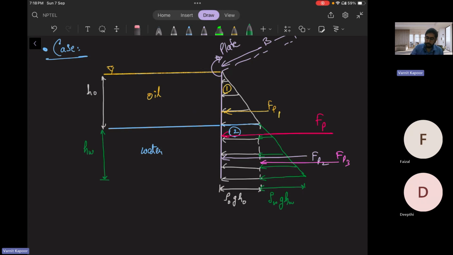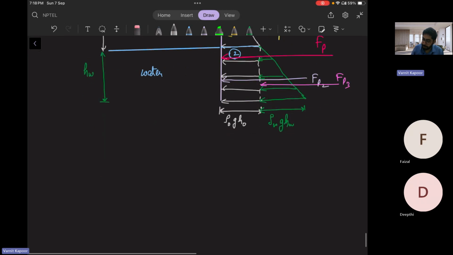So what will be the volume of the pressure diagram? Volume of the pressure diagram is the net force FP, that is the sum of FP1 plus FP2 plus FP3, the sum of all the FPs.